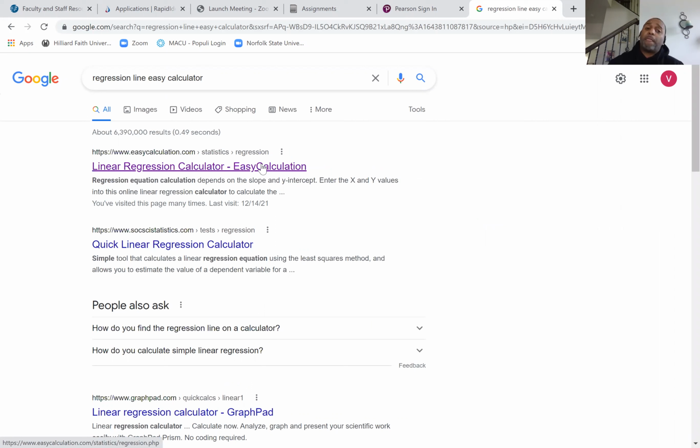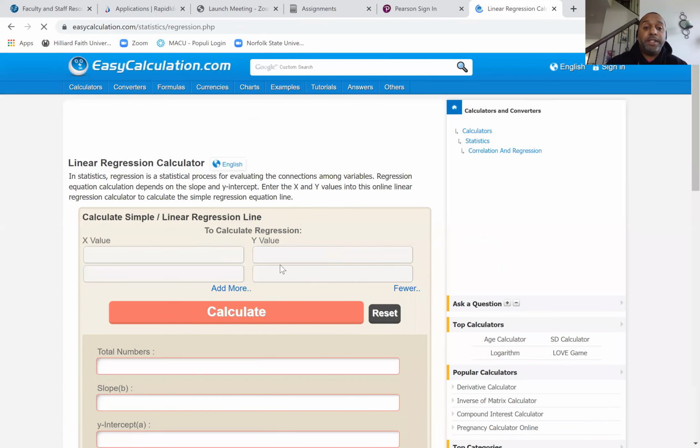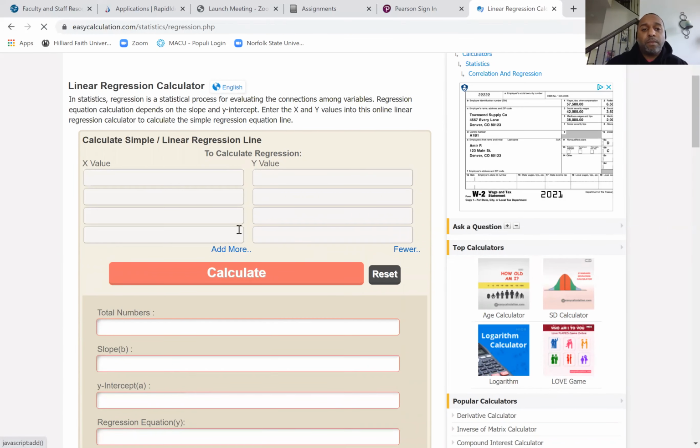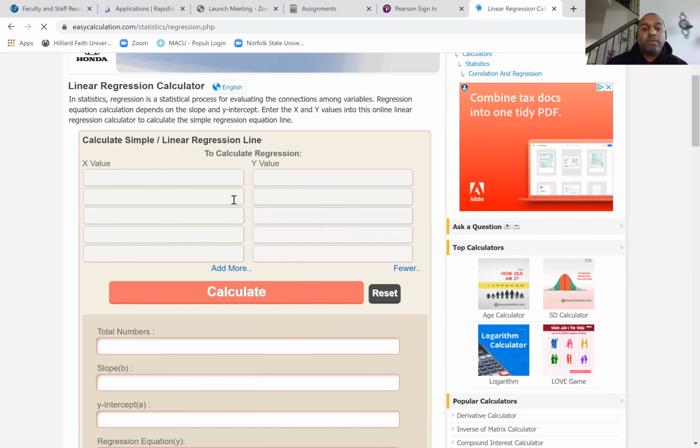Like I said before, you don't have to use this website if you don't want to. If you found an app that you enjoy using, I think they even have an app for easycalculation.com. It's up to you what you want to use. Just make sure it's reliable and make sure it's easy to use. As long as all you have to do is type in your data values and hit enter, you should be good to go.